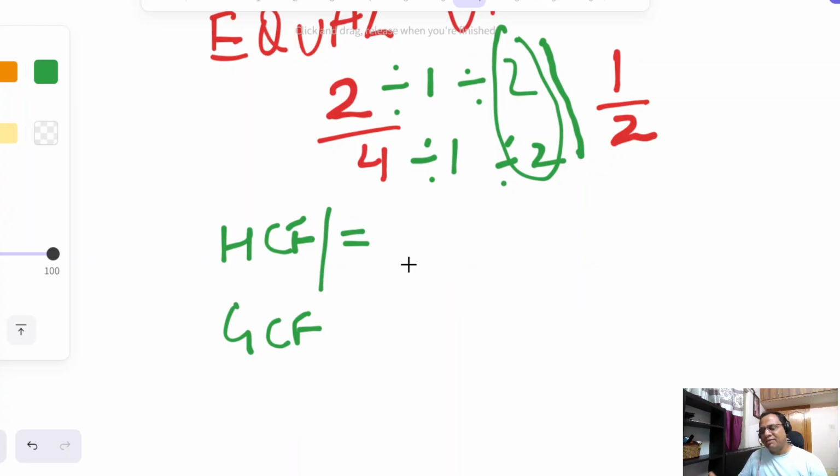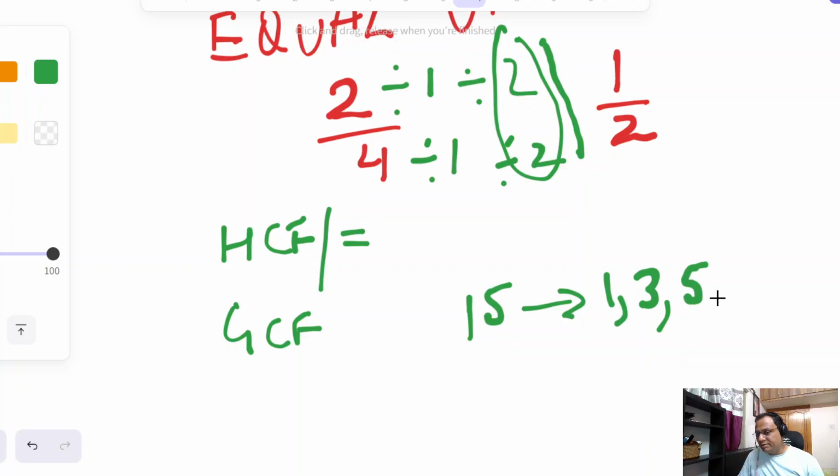So what are factors? If you come to know about that, then the game becomes easy. Factors means the numbers in whose multiplication table that number comes. For example, if I take 15, what are the factors of 15? 15 comes in the table of 1. Does it come in the table of 2? No. 3, because 3 times 5 is 15. It comes in the table of 3.